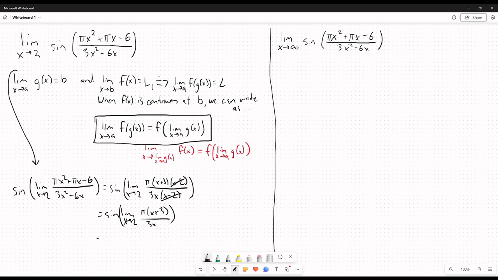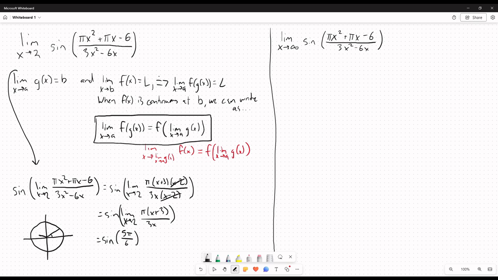We can just plug in 2. That will get us sine of pi times 5 in the numerator over 6. And because we are good calculus students, we are going to find the exact value of that. I'm going to look at the unit circle. Pi over 6 is right here. That's pi over 6 radians.